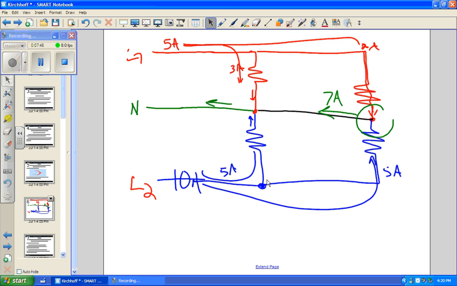But I want you to realize this is going to really change when we're looking at AC. Okay? There's a big difference between DC and AC. Now, in DC, whatever goes out this line and that line has got to come back on this line as a total, right? We're not going to talk about AC just yet, but this is going to become a real important thing when we talk about it in AC, because this is something that happens all the time.